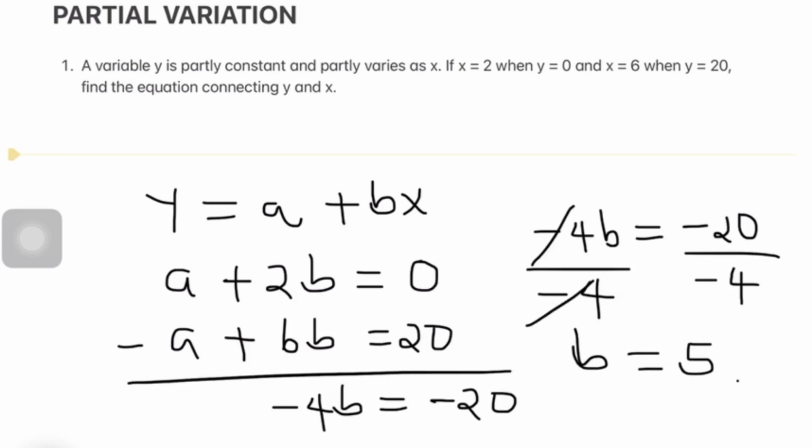Okay, so we have our value of b is equals to 5, but we have to find the value of a. For us to solve for a, we substitute 5 for b in either of the equations, the first or the second. So we can use the first: a plus 2b is equals to 0, and we know that our b is equals to 5. So can we solve for the value of a?